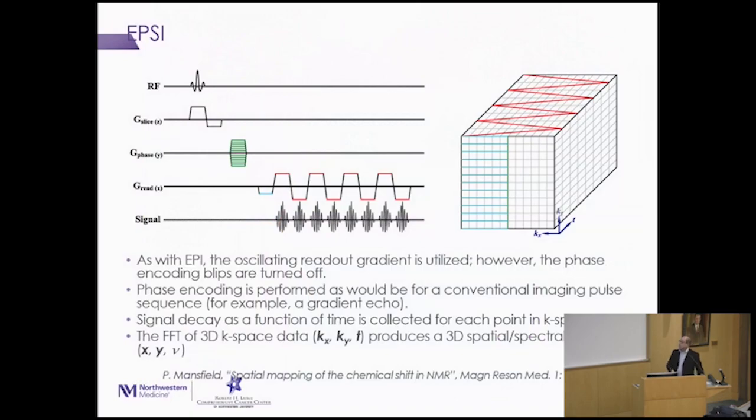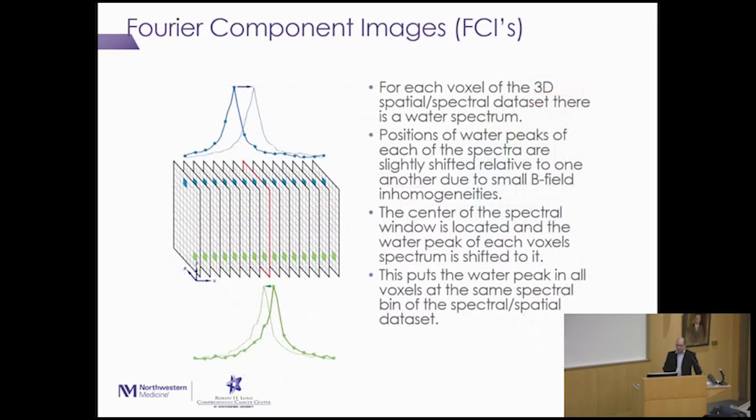This is just a diagram of the pulse sequence. None of you are really interested in that. And then again, this is the K-space. For each position here, I have a spectrum.